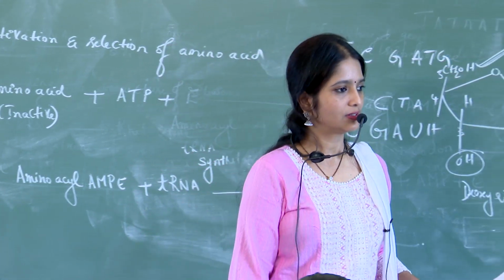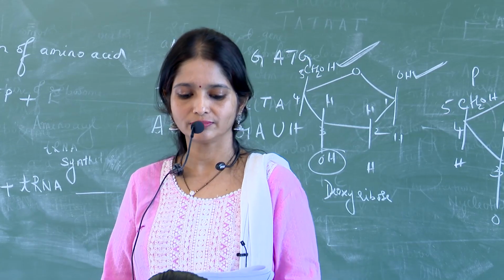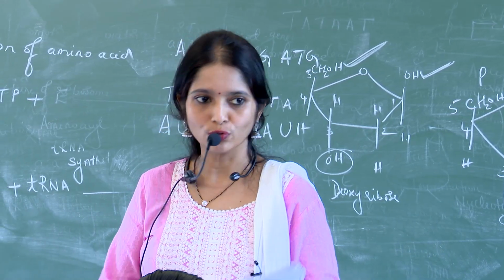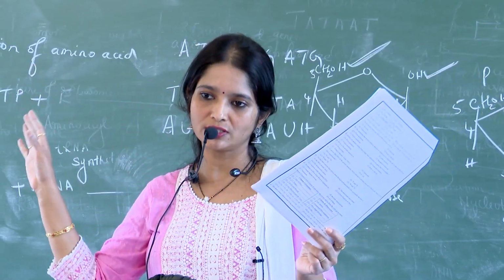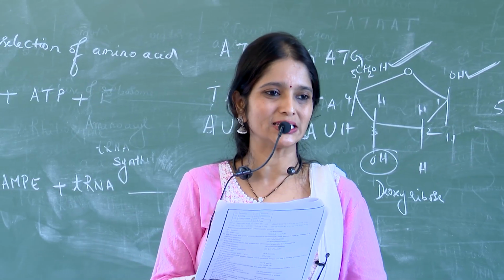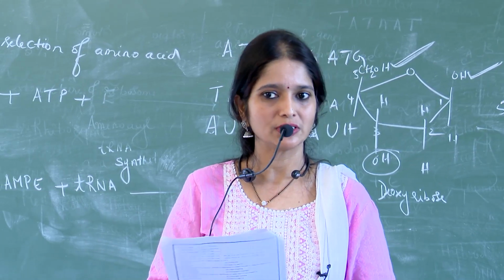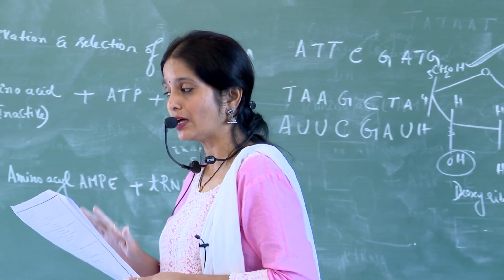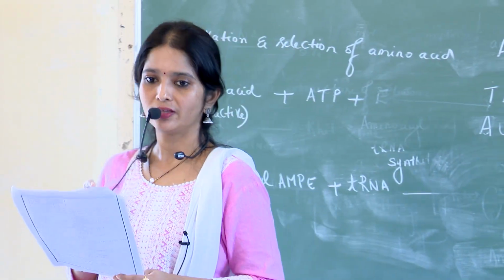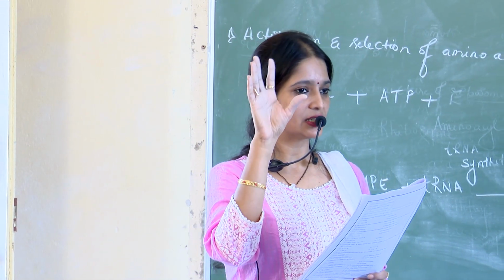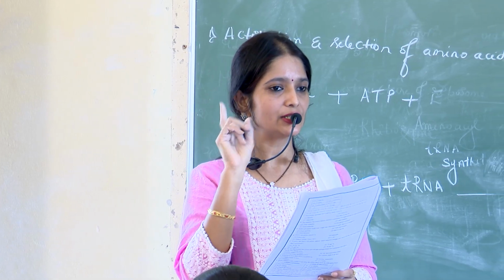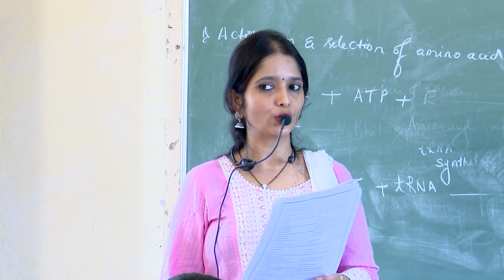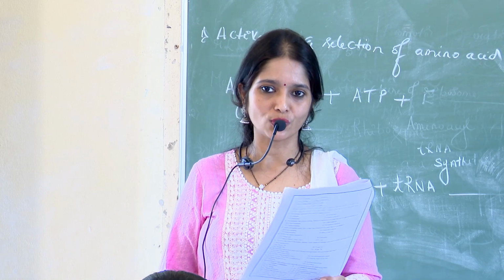Match it. For this you need to know those 64 codons. This is not a CET question because it is not asked under CET; it is asked under NEET. There are 64 codons, of which 61 are sense codons and the remaining 3 are nonsense codons.